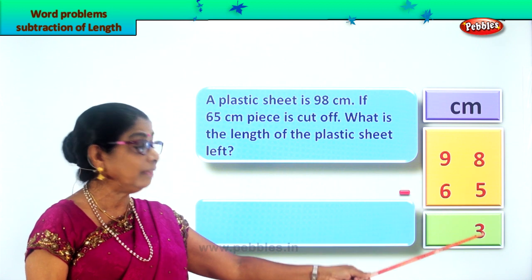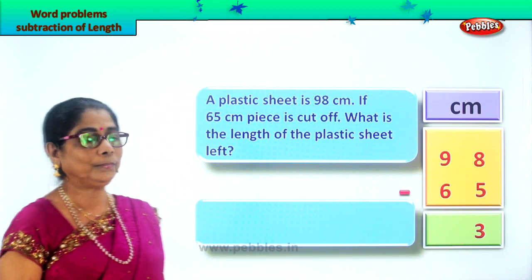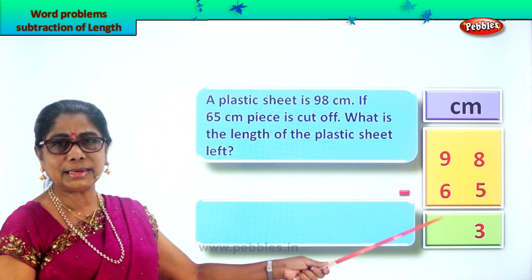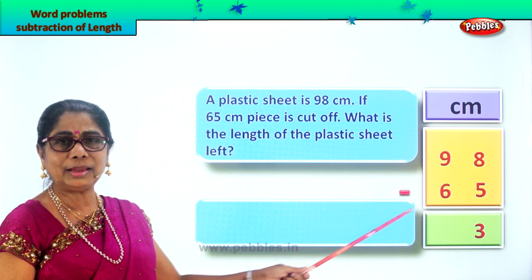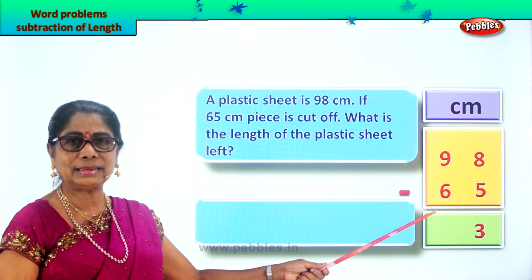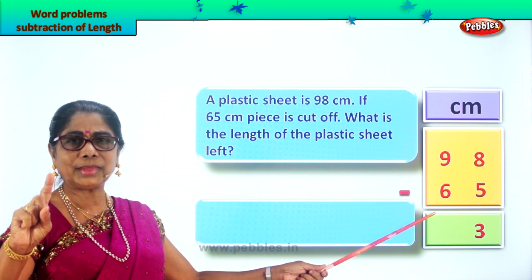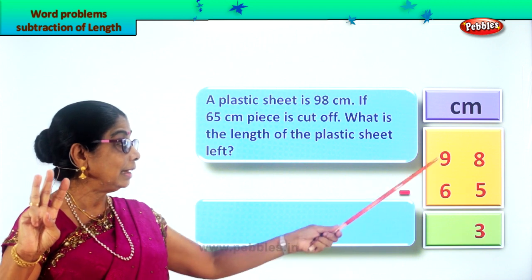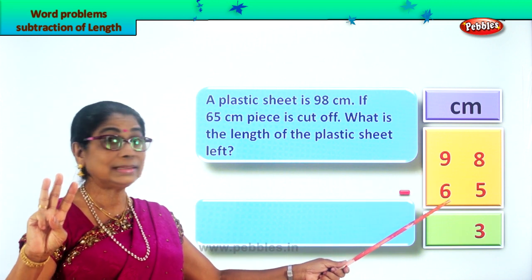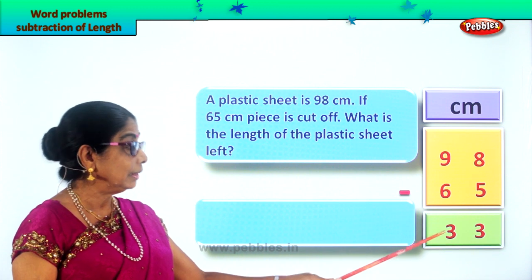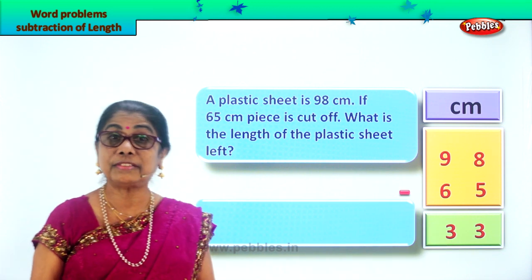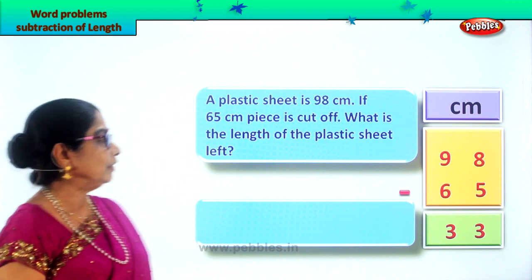Here you have 9 minus 6. 9 take away 6. After 6, 7, 8, 9. 9 take away 6 is 3. So you have 33 centimeters of the plastic sheet left.